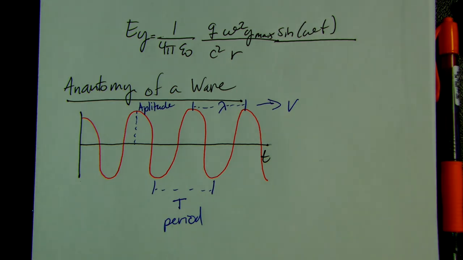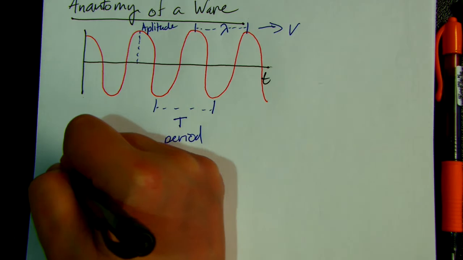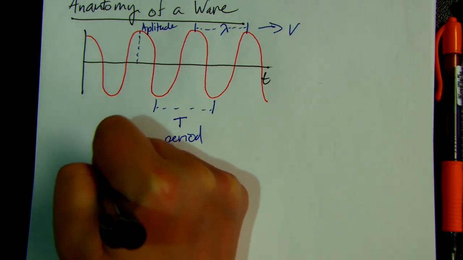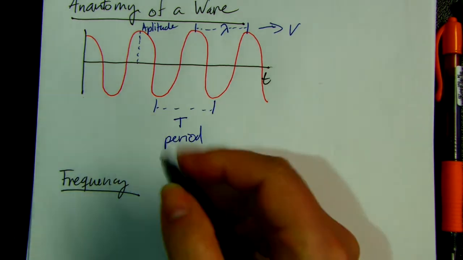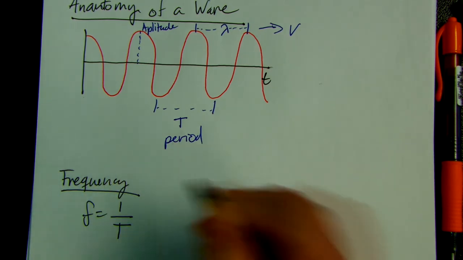space, matter. Depends on what type of wave it is. So we know that light waves move at the speed of light, but sound waves propagate through matter much, much slower than that. Okay, so the frequency of a wave is equal to 1 over the period.